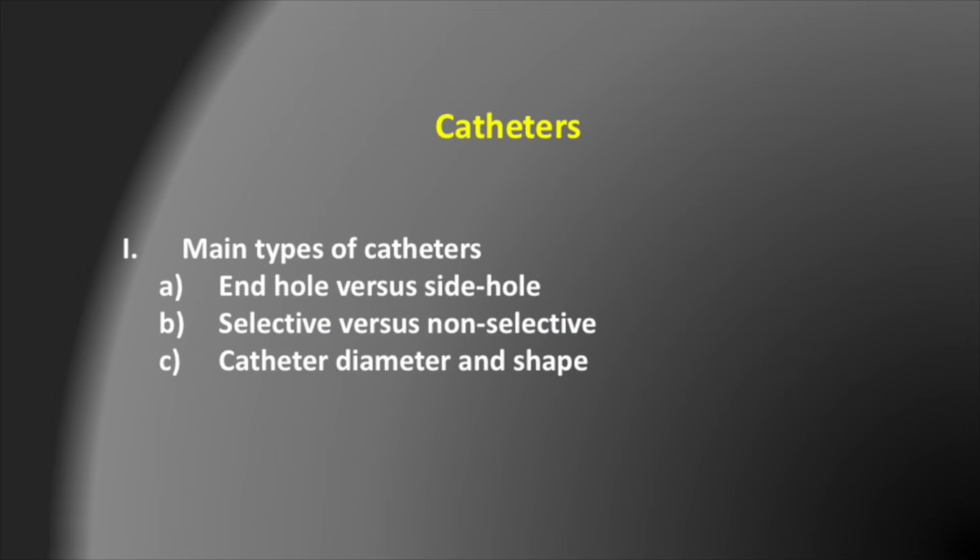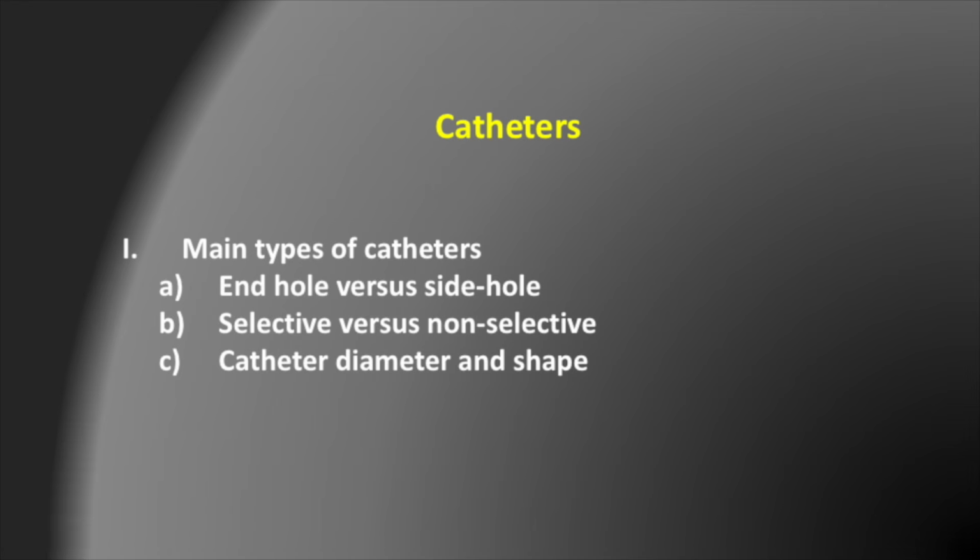So at the most basic level, catheters can be divided by 3 different types. The first division is whether the catheter has an end hole or whether it has multiple side holes. If it has multiple side holes, then whatever is injected through the catheter, such as contrast, will exit all of these side holes. Secondly, they can be categorized as selective versus non-selective.